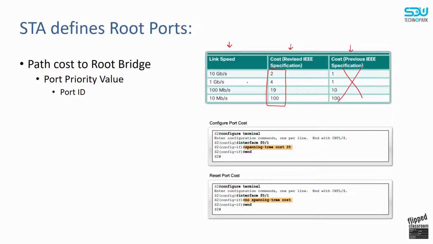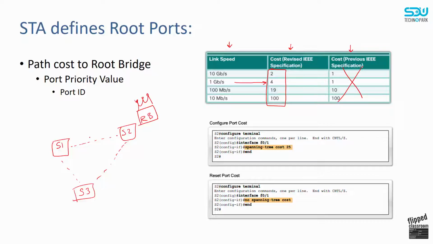When you have a 1 gigabit per second link between switches, the cost value will be 4. For example, you have S1 connected to S2, and also S3, and let us say switch 2 is the root bridge, and switch 1 and switch 3 are calculating the best costs to the root bridge.